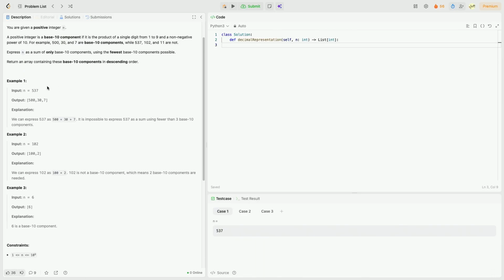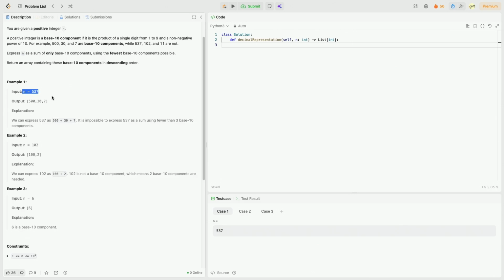One thing you can do is always ask the interviewer for examples, or you can come up with some of your own if they don't provide any. Now, the example from the problem description is where n is 537, right? And we decompose it into 500, 30 and 7. So their sum is the resulting variable.